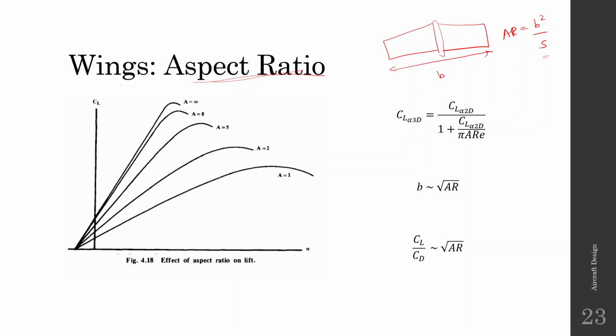So your aspect ratio is b square by s. Now, when your aspect ratio increases, it indicates longer wings. So aspect ratio increases means longer wings.